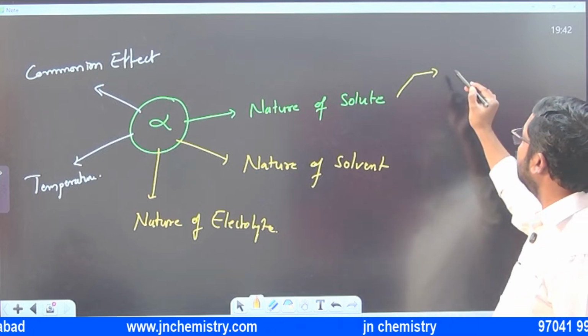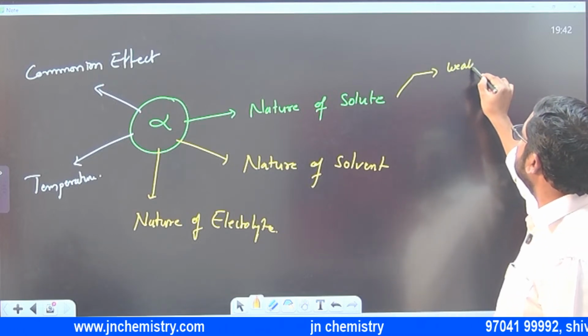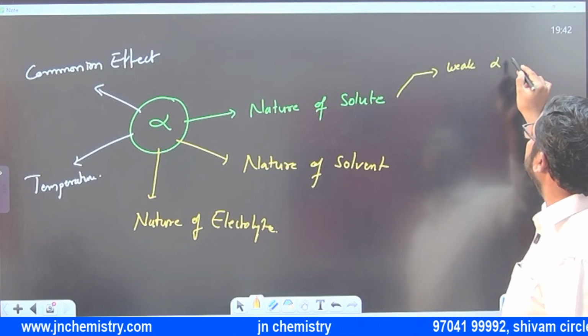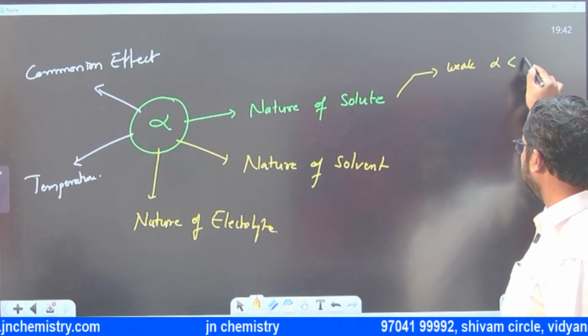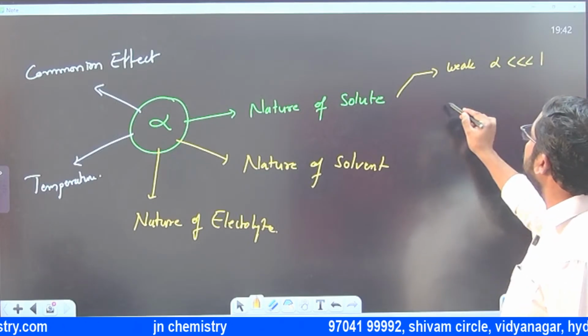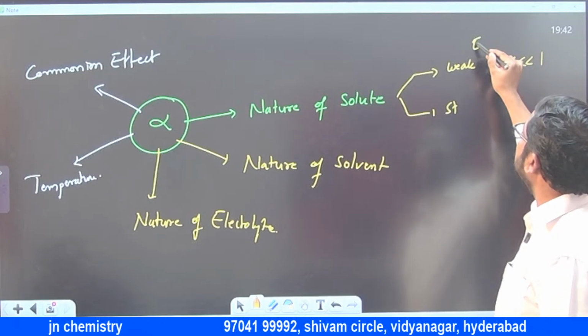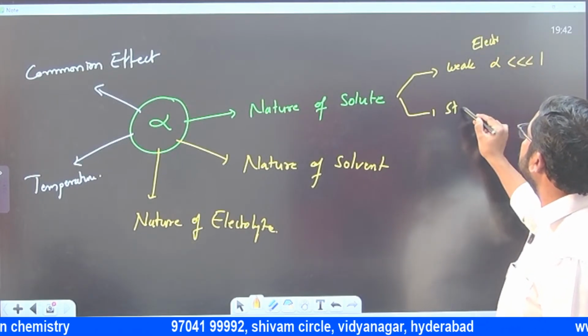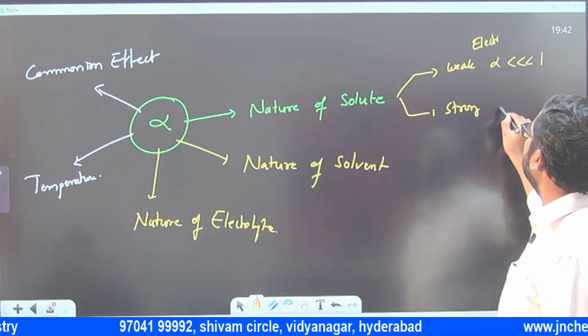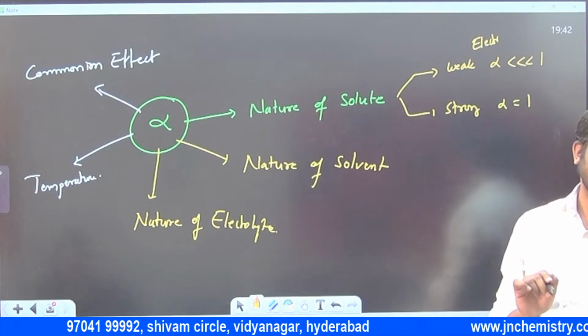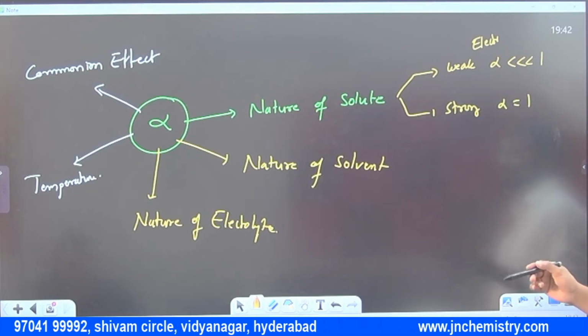If it is weak, alpha is less than 1. If it is a strong electrolyte, alpha is equal to 1.